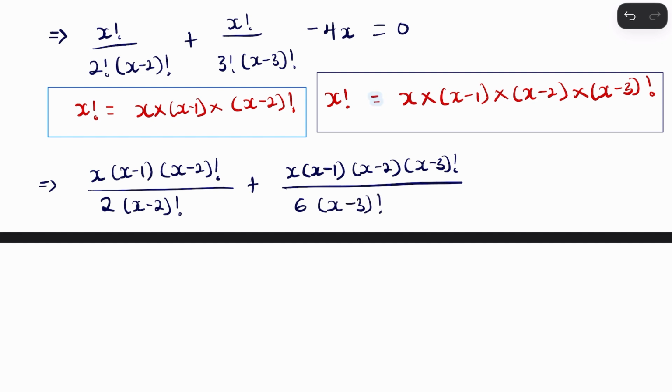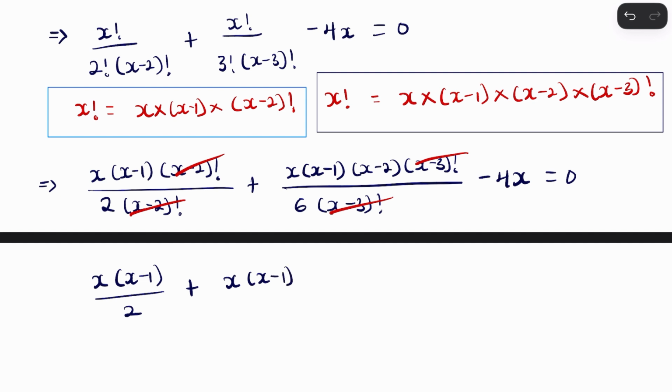So now we went through all these because we want these terms to cancel out, right? And so here we are going to cancel out these terms. So when you cancel out these terms, you are going to have x times x minus 1 divided by 2 plus x times x minus 1 times x minus 2 divided by 6 minus 4x is equal to 0.